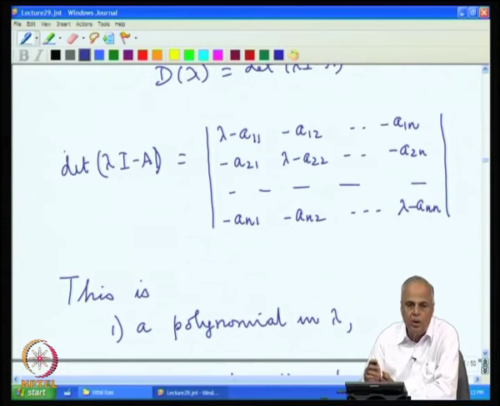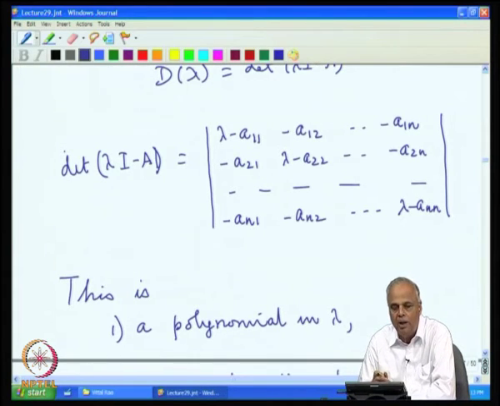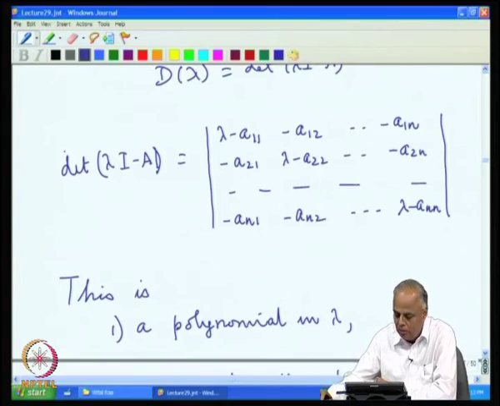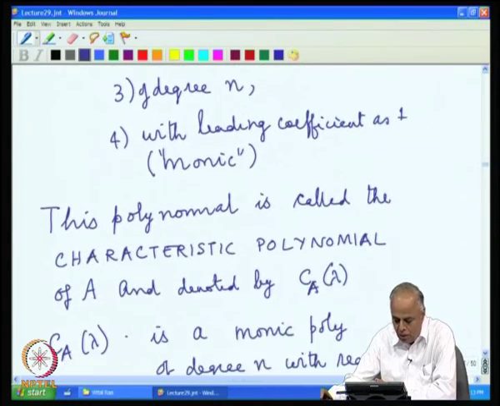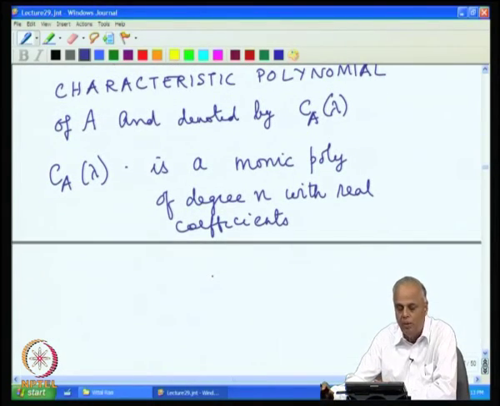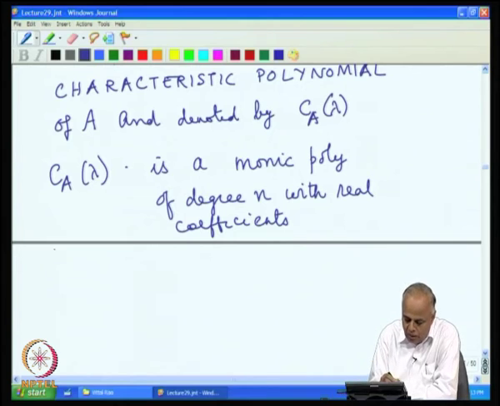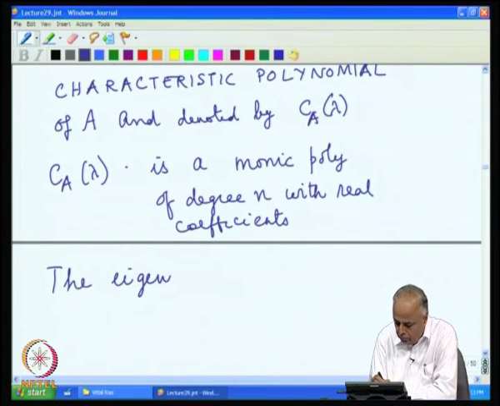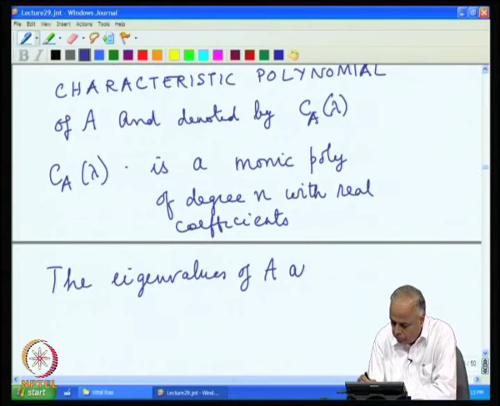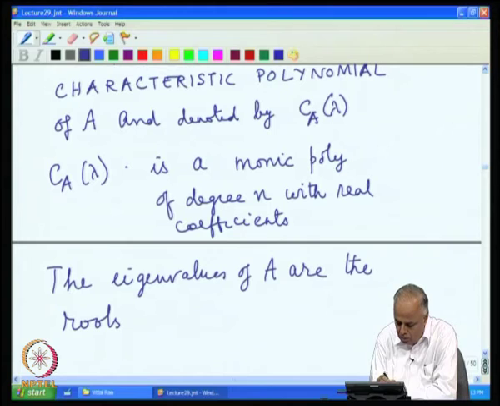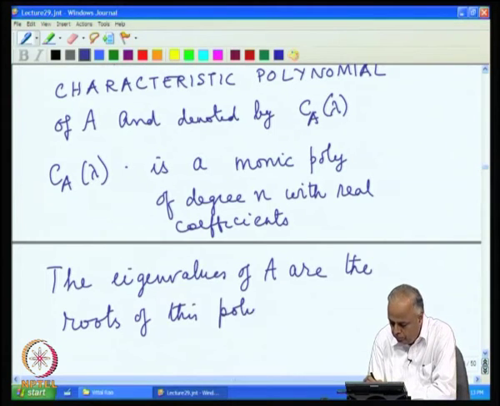because we have seen that the zeros or the roots of this function d lambda are the eigenvalues. Now d lambda is our C A lambda, a polynomial, and therefore the eigenvalues of A are the roots of this polynomial.